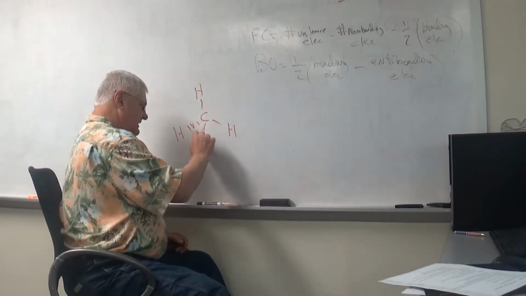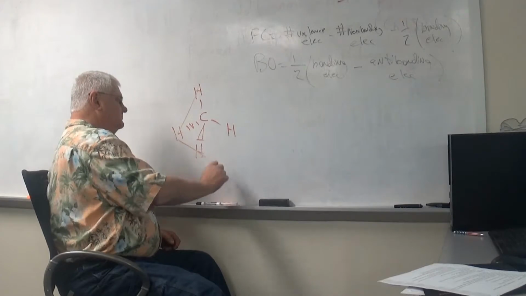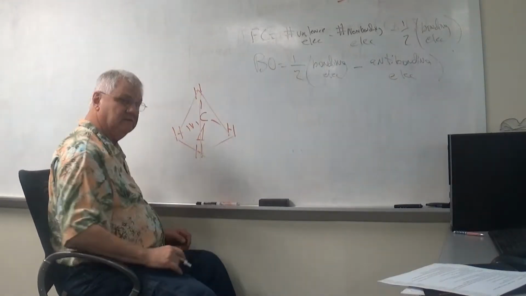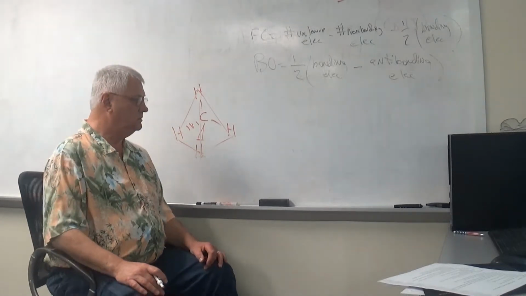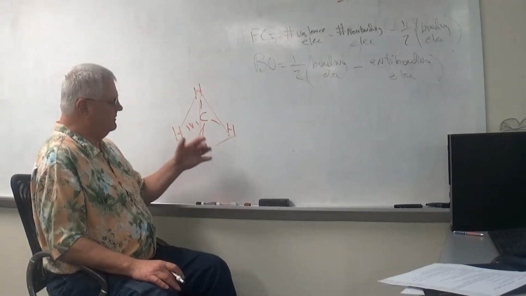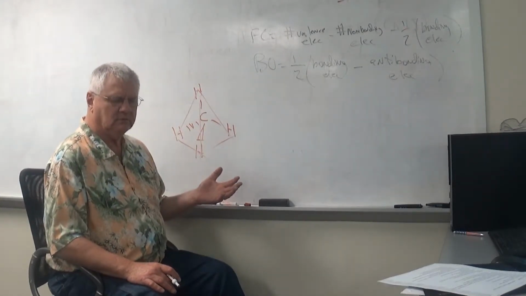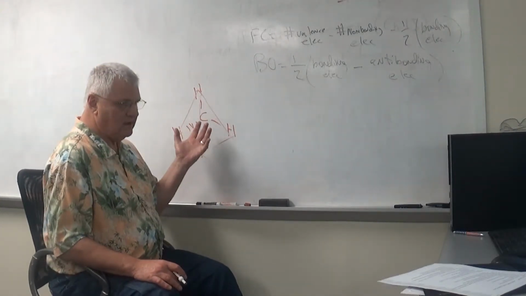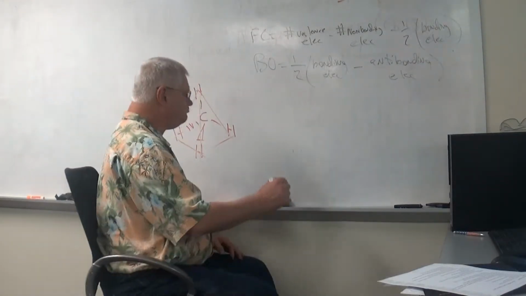Methane has 4 bonds and no non-bonded pairs. The hydrogens point to the corners of a tetrahedron. Both the molecular geometry and the electronic geometry are the same because it doesn't have any non-bonded pairs of electrons. They're both tetrahedron.